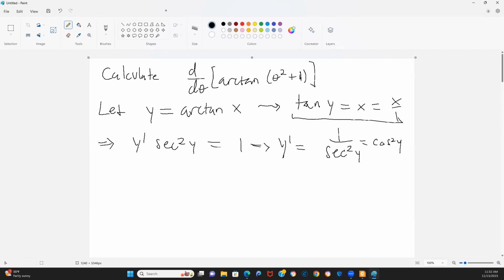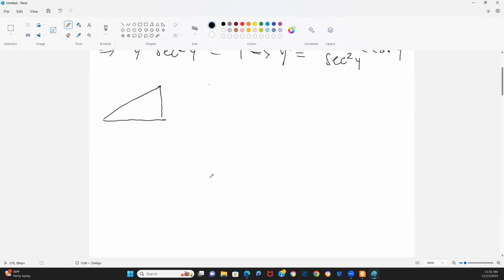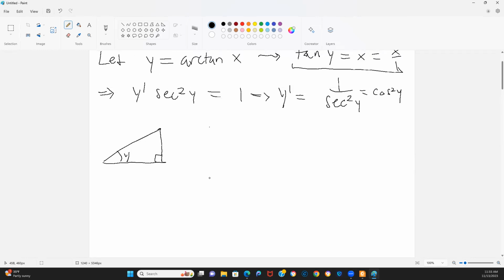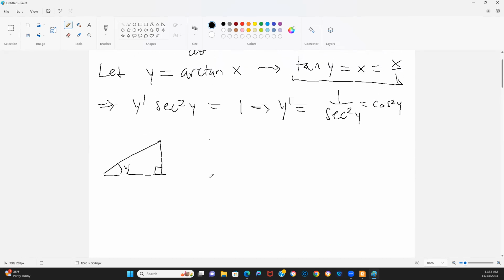Again, y is some angle in a right triangle. Let's draw a triangle to figure out what cosine of y is. Here's our right triangle with angle y. We have that tangent of y is equal to x over 1, which is opposite over adjacent.